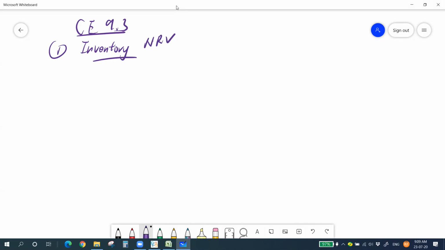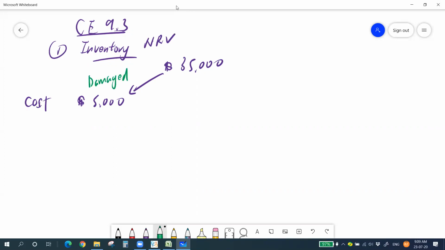So they say that the total inventory currently you have is 35,000. And then in this 35,000, there is one batch of product. The cost is 5,000. And this product is damaged. So from here, we can find out that for another batch of product, the remaining stock is 30,000, right?